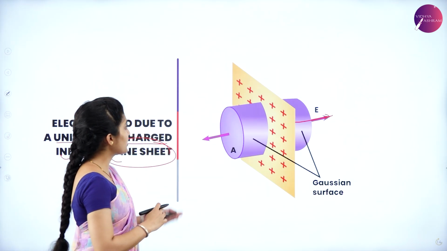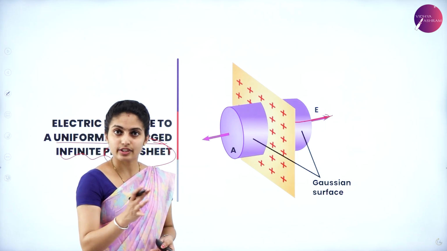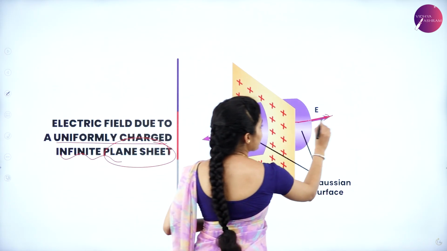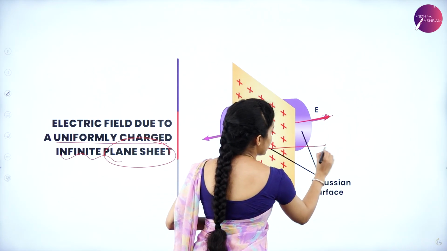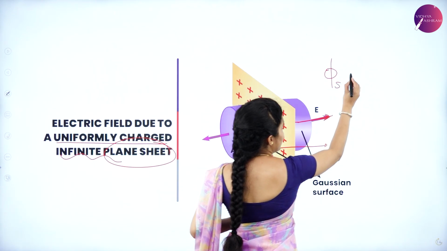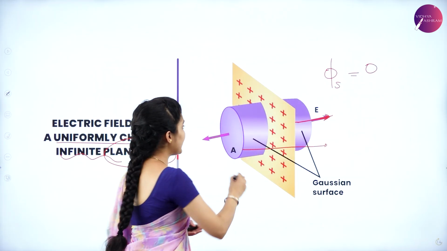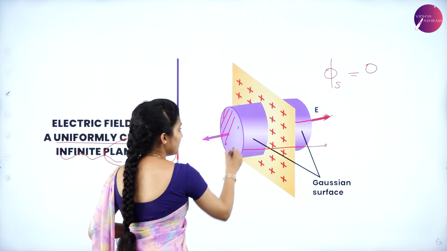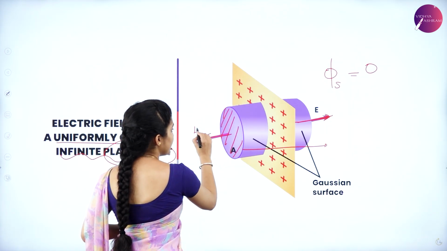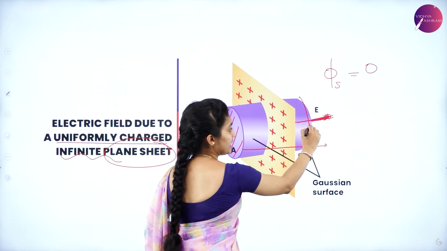By looking at this diagram, we know that the electric field is parallel to the curved surface. So at this surface, the flux is 0. But at the ends, the electric field is perpendicular to the end, that is at 90 degrees.